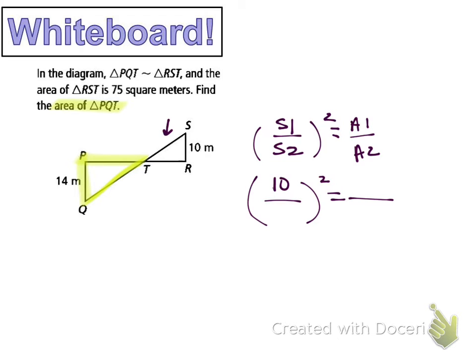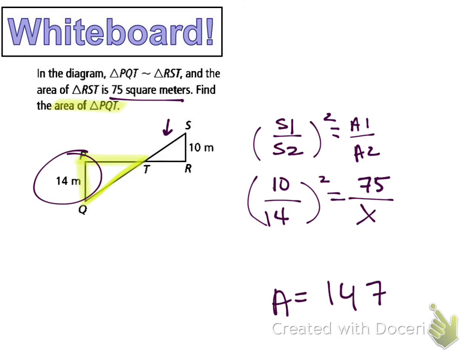Do you know the area of that one? Yeah, it's 75. Whereas this one is 14. Do you know the area of that one? You don't. So just make sure you have that. You can either reduce and square and all that stuff, but you end up with 147 meters squared. That's good.